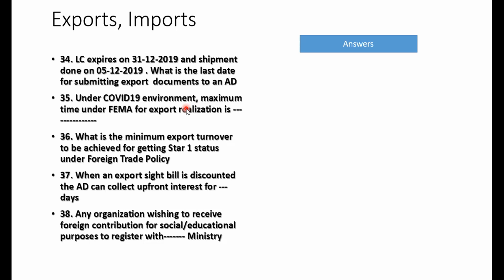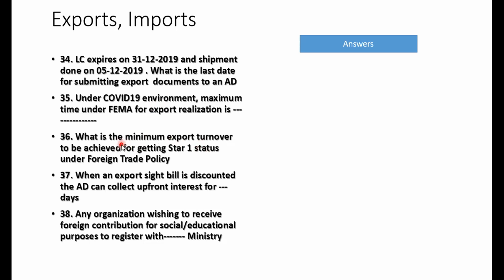Now we are in July 2022. Because of the Corona impact in almost all countries, instead of 9 months, 9 plus 6, 15 months. If you remember that, sometimes it will get you 1 mark. The normal period is 9 months; because of Corona, 6 more months, 15 months maximum to realize the dollar for goods sent from India.